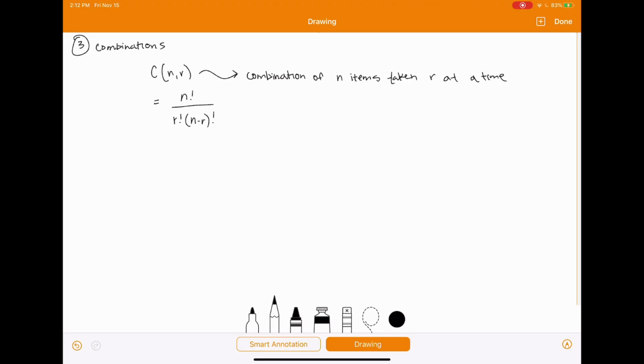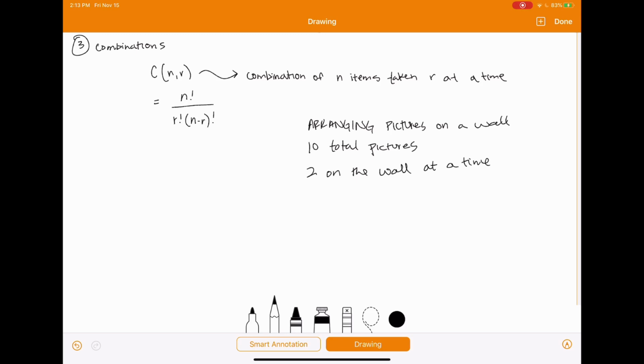All right, so for example, if you are arranging pictures on a wall, and you have 10 total pictures, but can only place 2 on the wall at a time, how many photo combos can you create?